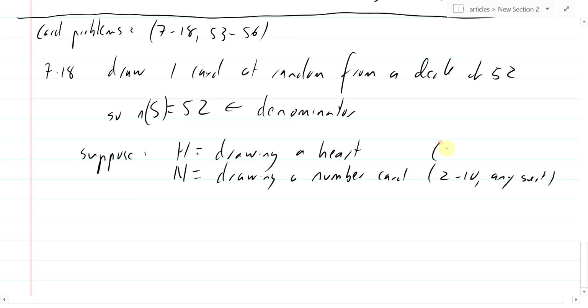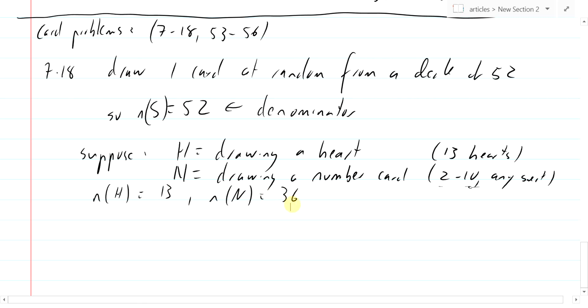So how many number cards are there? Well, there's 9 in each suit. There's 4 suits, so there's 36 total. N of H equals 13. N of capital N equals 36.